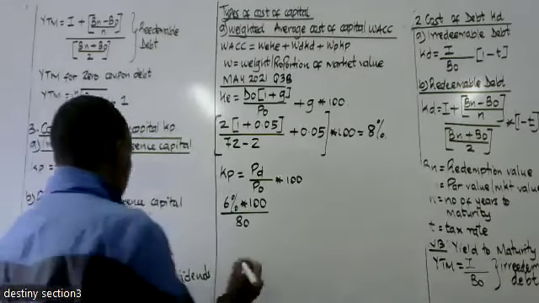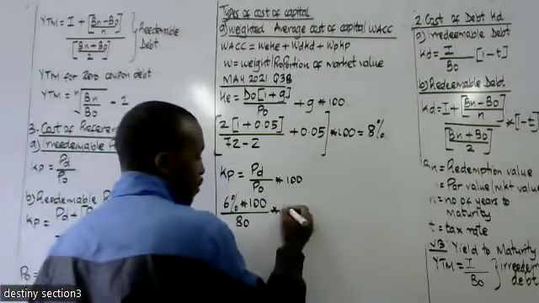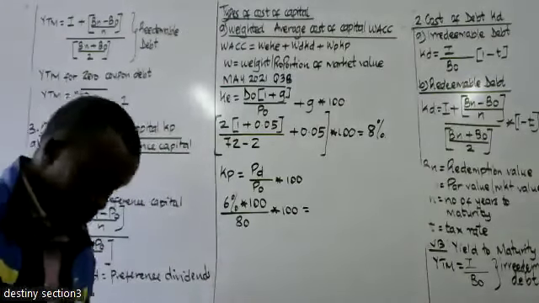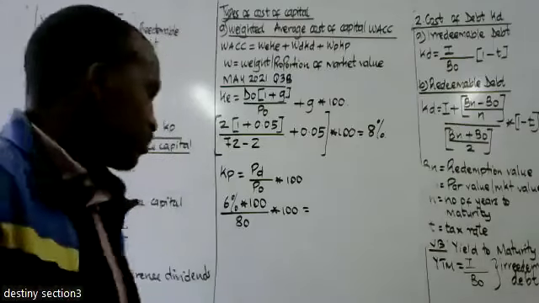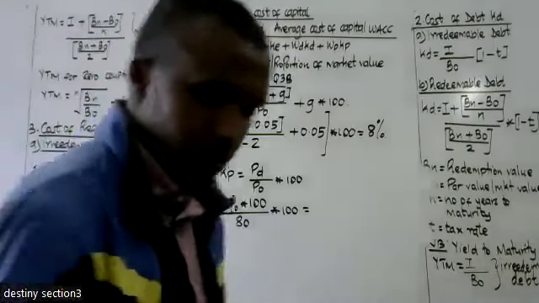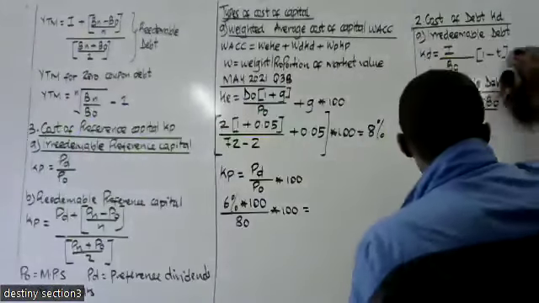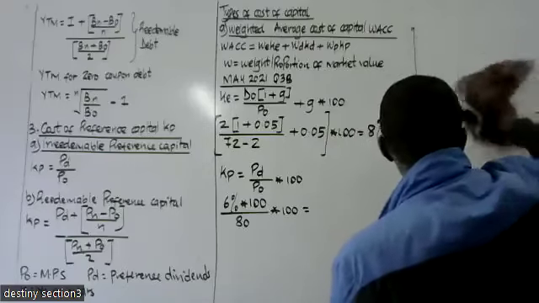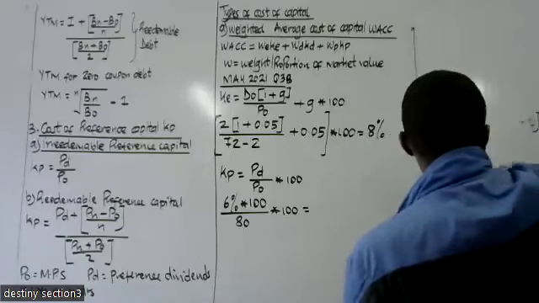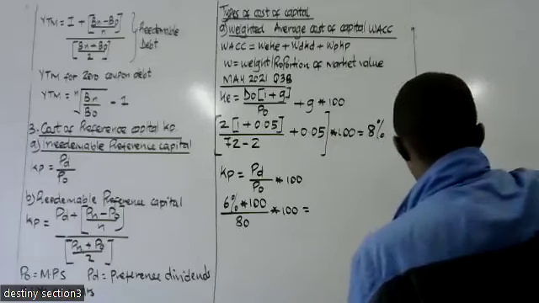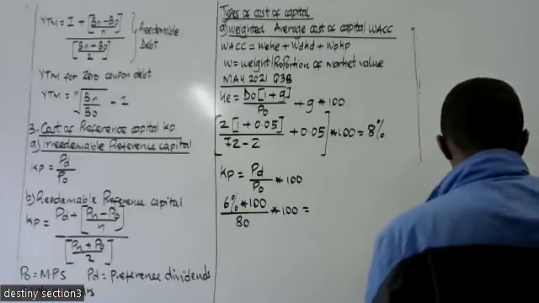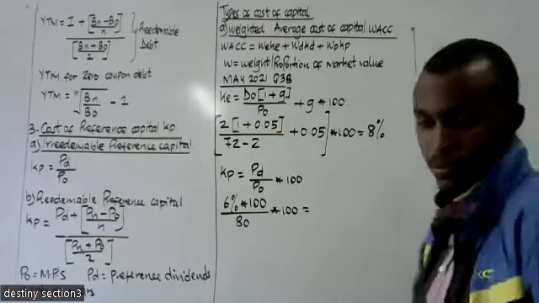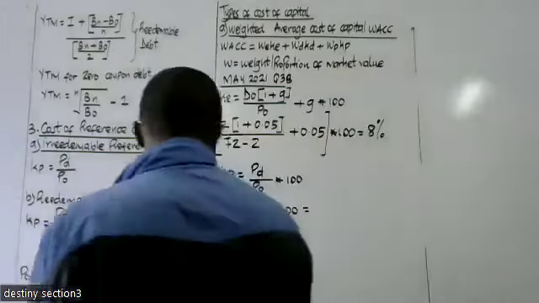Then you multiply that by 100. How much? Seven what?